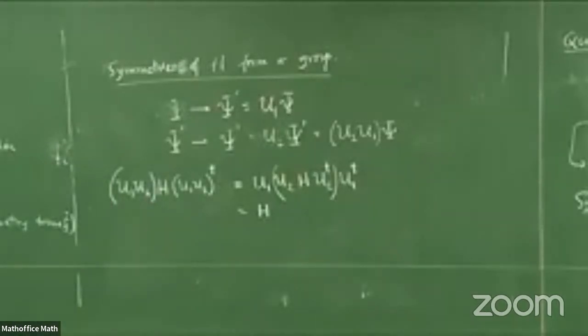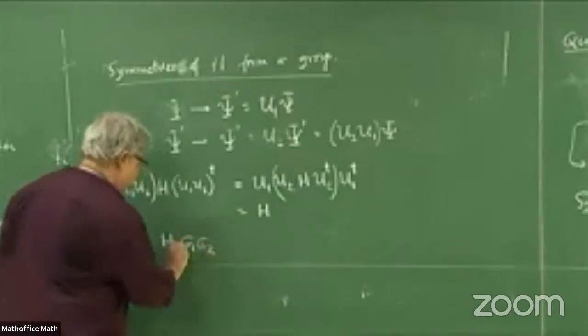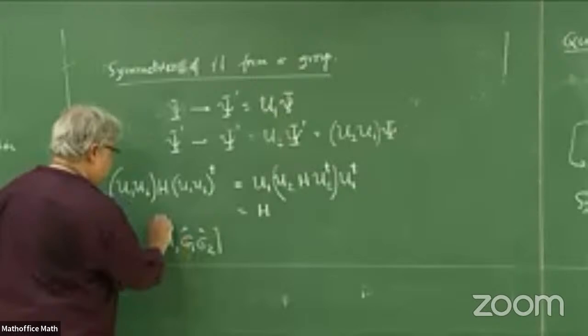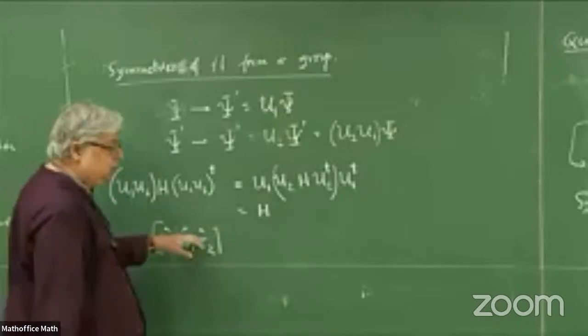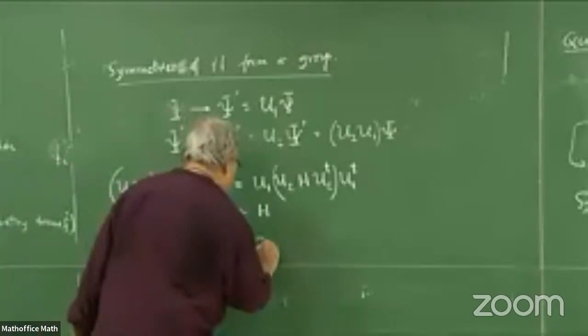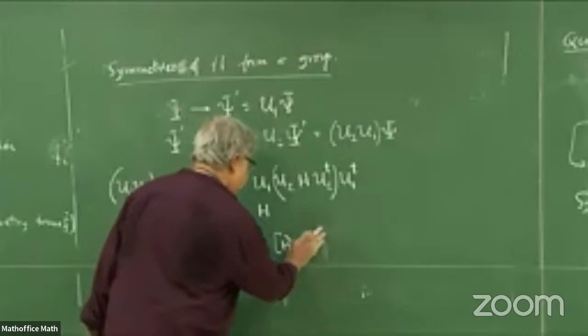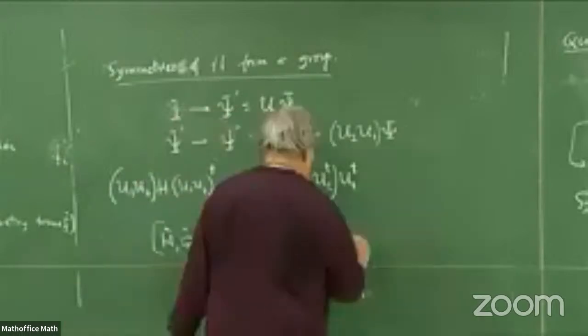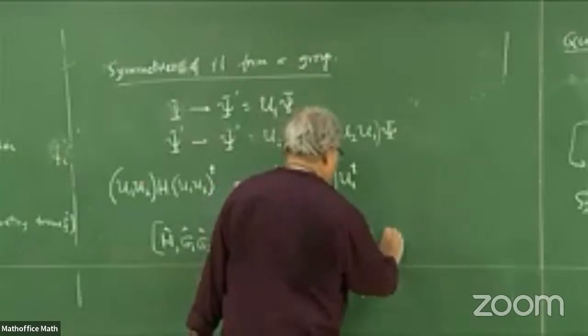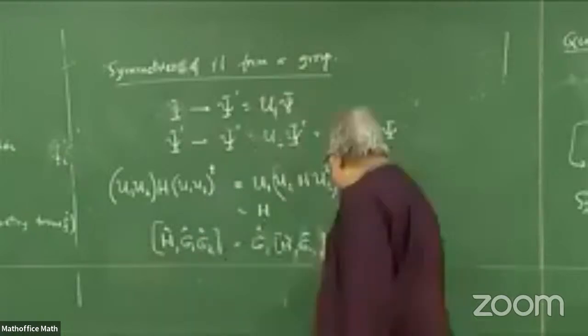Therefore, if I have a set of symmetries of H, they will satisfy closure. And you can also similarly show that H of G1 G2, to work with generators. I'm putting hats on these because these can be dynamic. So that of course is G1 times H G2 plus H G1 into G2.